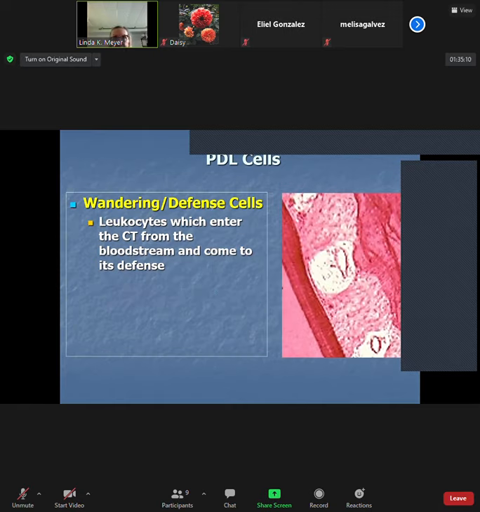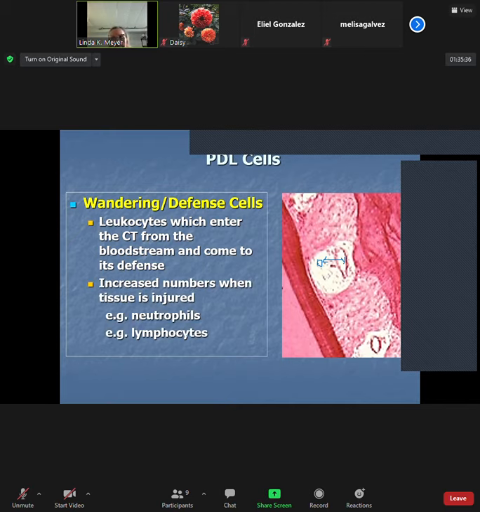And then finally, the wandering or defense cells, again, are in low numbers, but I'm drawing an X within the blood vessel, and these are blood cells, such as neutrophils and lymphocytes, that leave the bloodstream and come to the defense of the tissue. So I'm just drawing one of those cells that leaves the bloodstream.